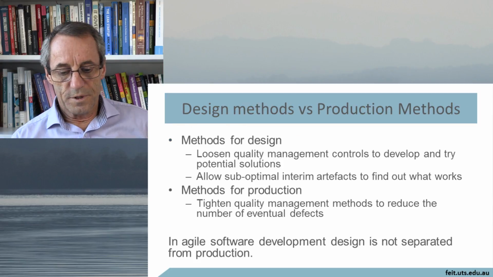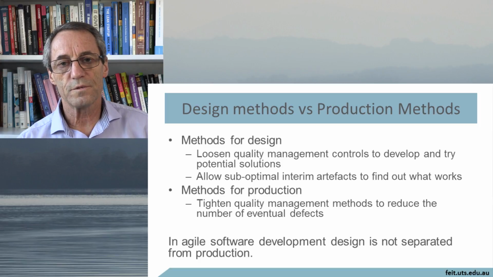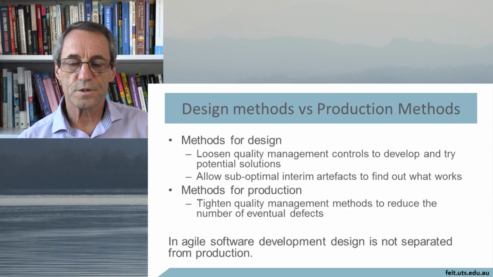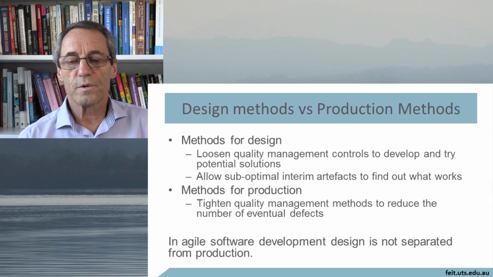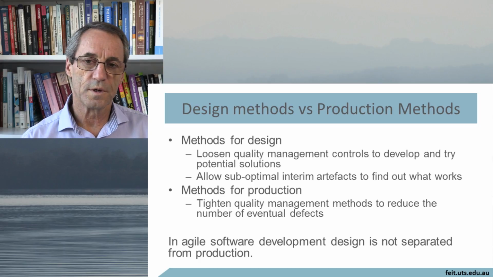Design methods versus production methods. If you're trying to design something, you're trying to solve something for the first time, you tend to have processes that have less concentration on quality assurance because you really want to find out whether something works first before you impose all the quality controls on it.